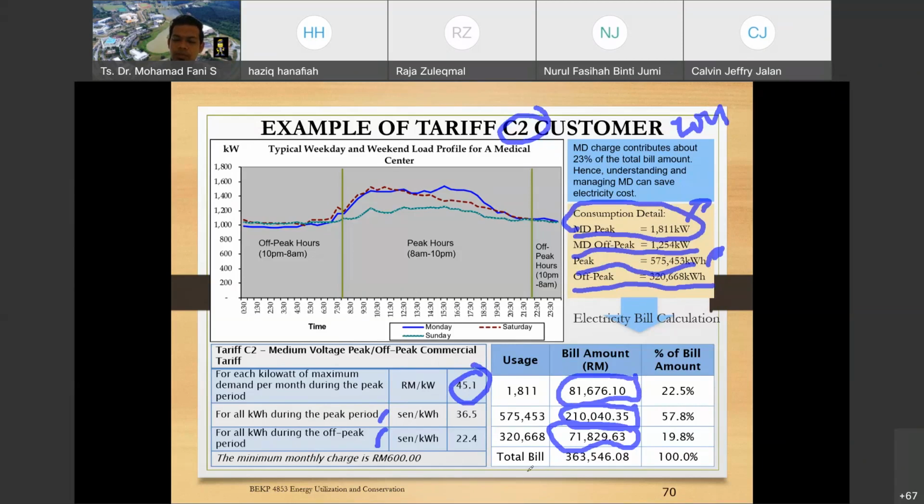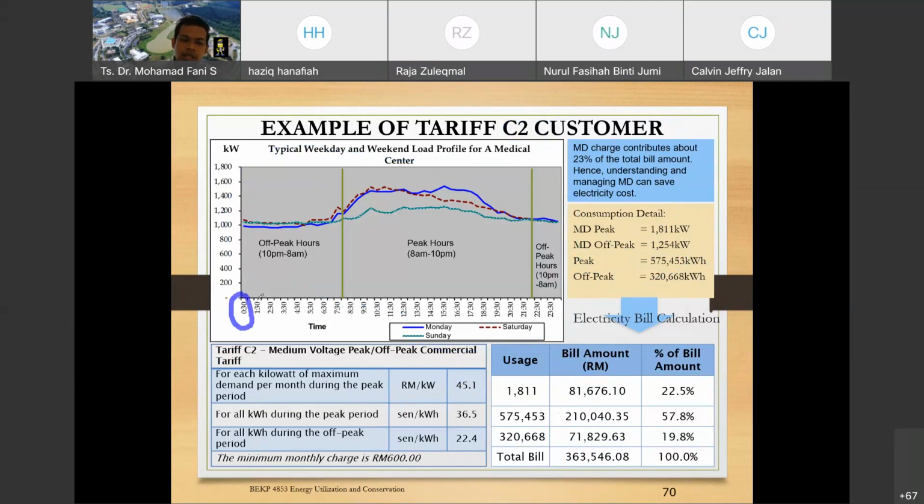Sum up all the charges for the peak, off peak and also the maximum demand, and you get the total bill for this kind of load profile. We call it the load profile. You can see here, every single 30 minutes the meter records the power consumption, for Monday, Saturday, and Sunday.